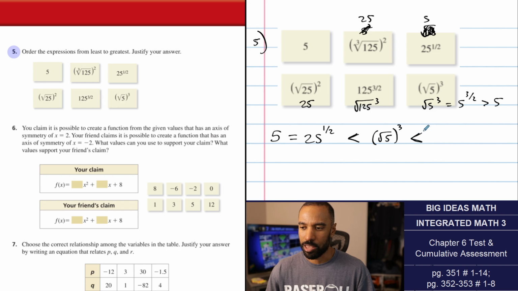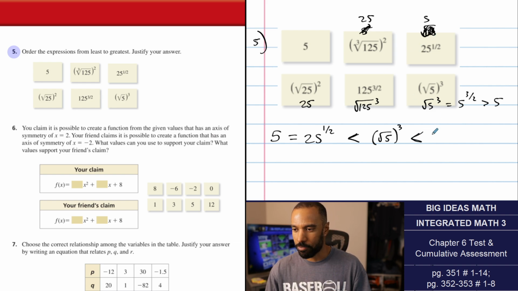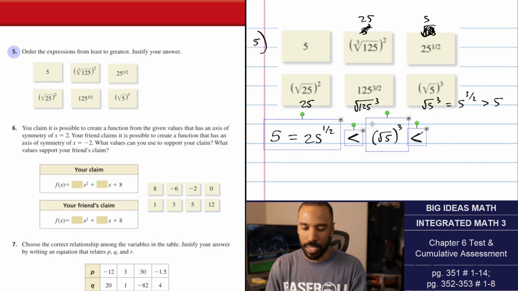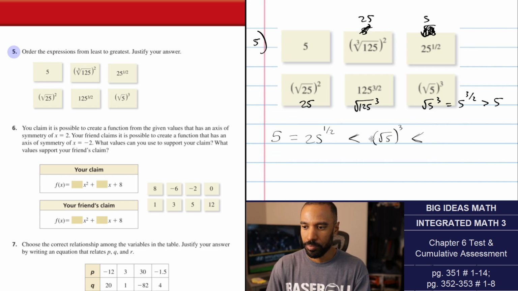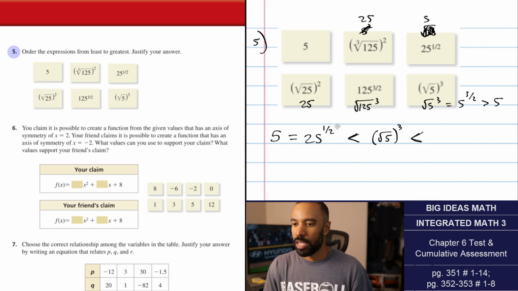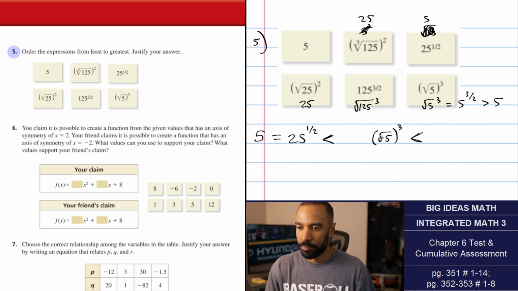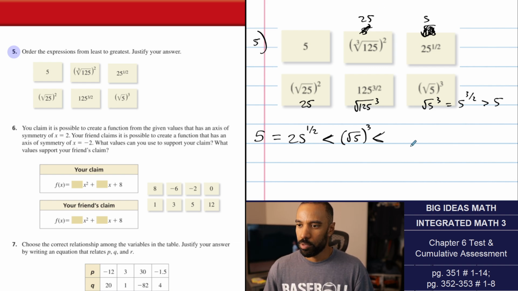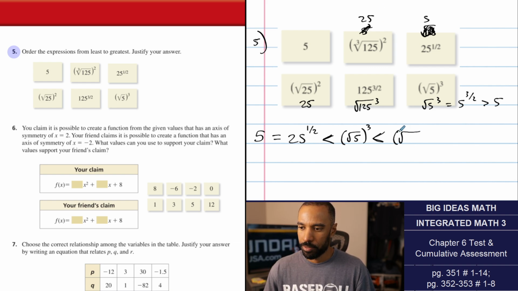And that is less than the ones that equal 25, the cube root of 125 squared and root 25 squared.